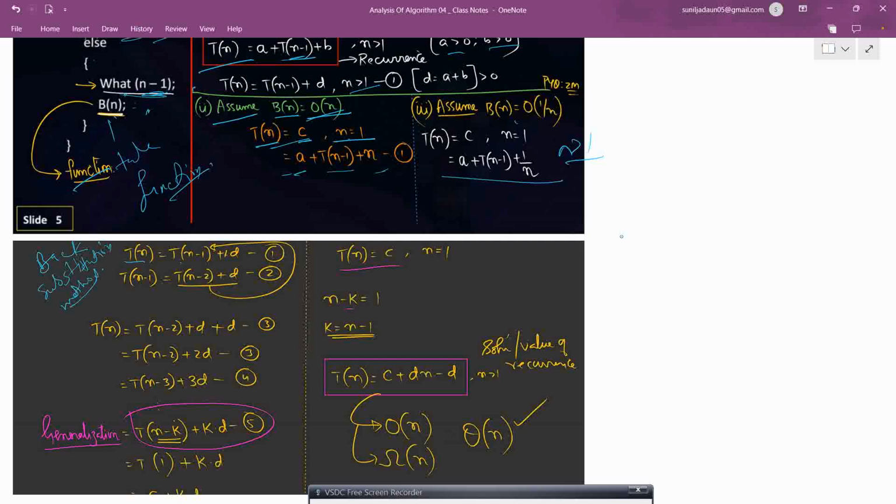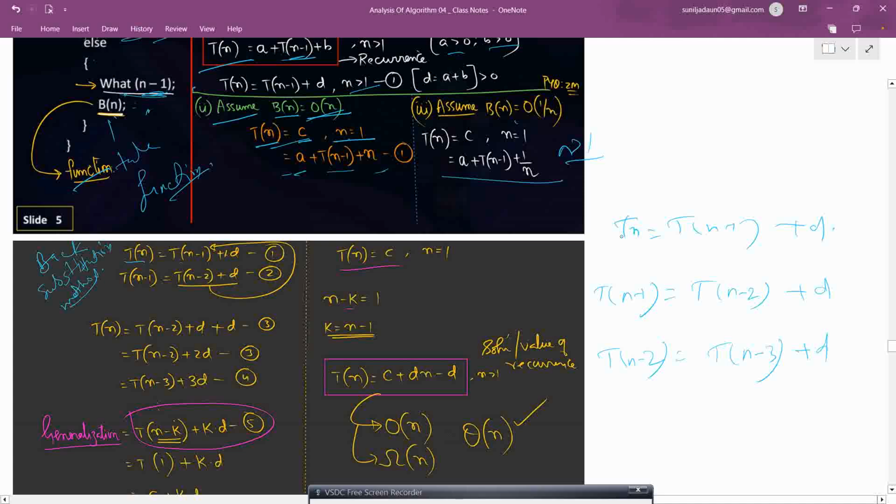So let's say T(n) is equal to T(n minus 1) plus D. For T(n minus 1), it would be T(n minus 2) plus D, and plus D. For T(n minus 2), it would be T(n minus 3) plus D only.